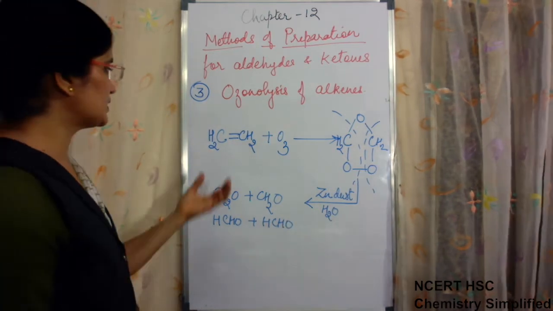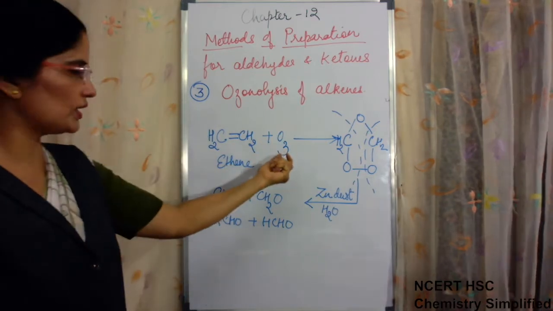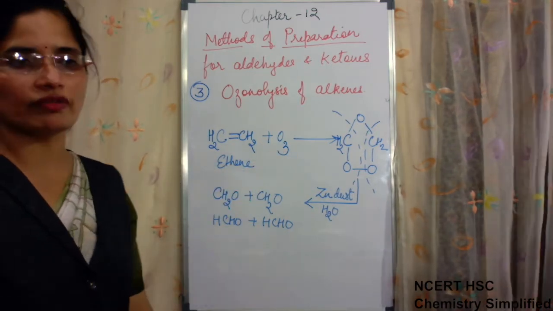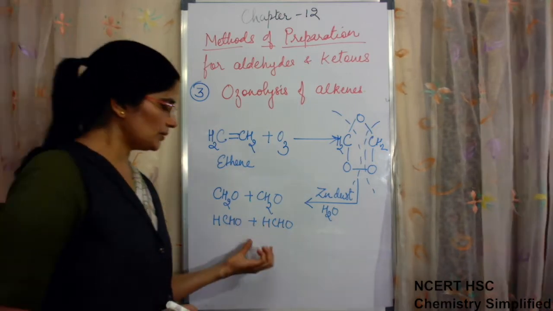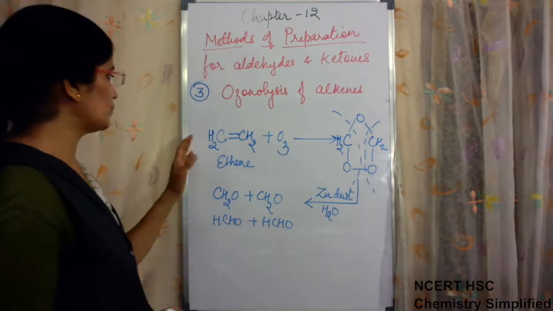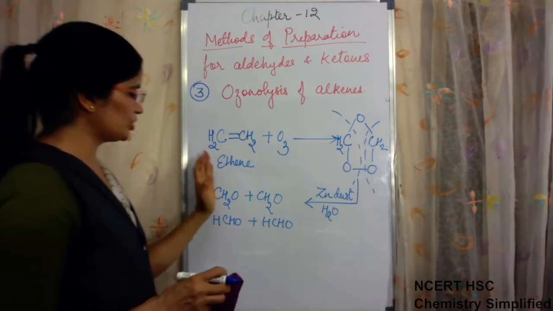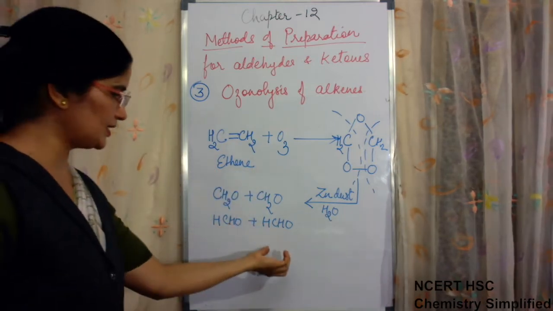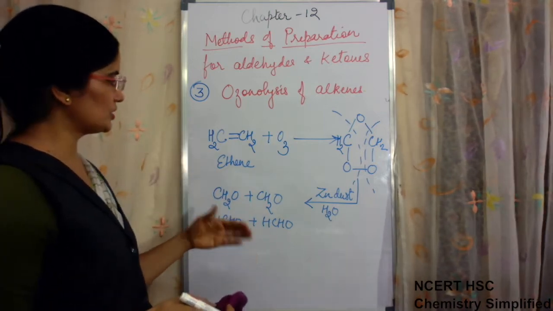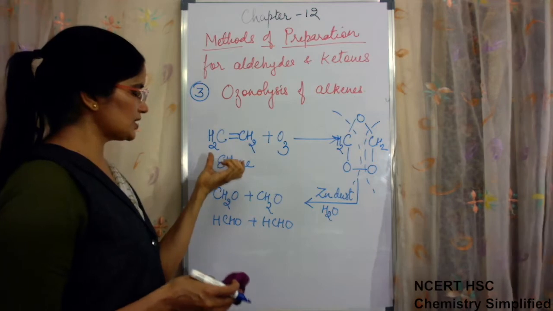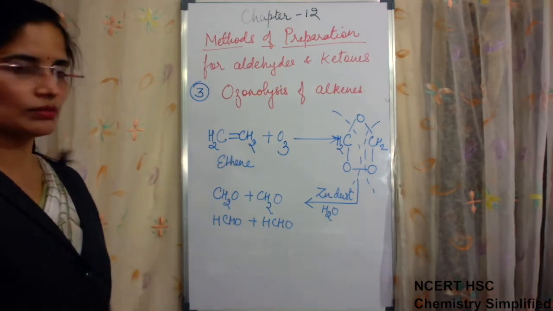That means if we take ethene as a starting material, then by ozonolysis we get two molecules of formaldehyde. If we want to get other products, acetaldehyde or ketone, we have to use a different alkene. So what alkene do we need to use if we want to get acetaldehyde and one ketone? We will write another reaction that gives us one acetaldehyde and one ketone molecule.